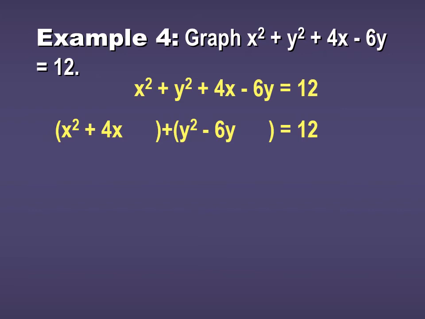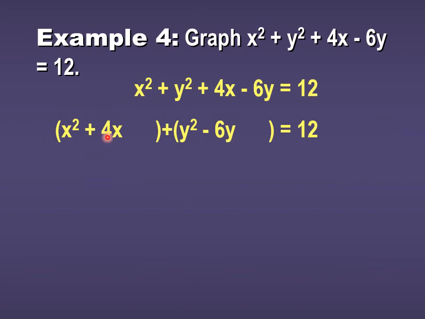Now my next step would be to factor out any number in front of x squared. Fortunately for us, this is a nice equation. There's a 1 in front of x squared, but there's nothing for us to factor out. Yay! So we can go ahead and complete the square. We're going to take half of the number in front of x, which is 4.